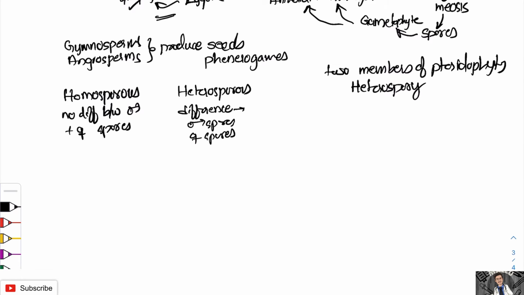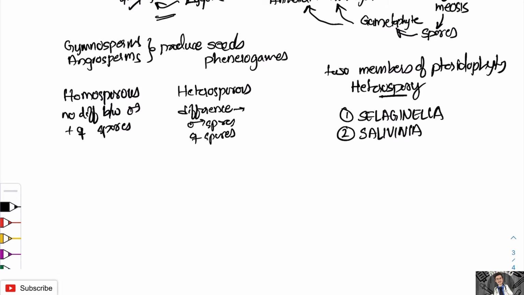These pteridophytes are going to become gymnosperms. Some members of the pteridophytes show this seed-producing habit known as heterospory. What are those examples? Selaginella and Salvinia.